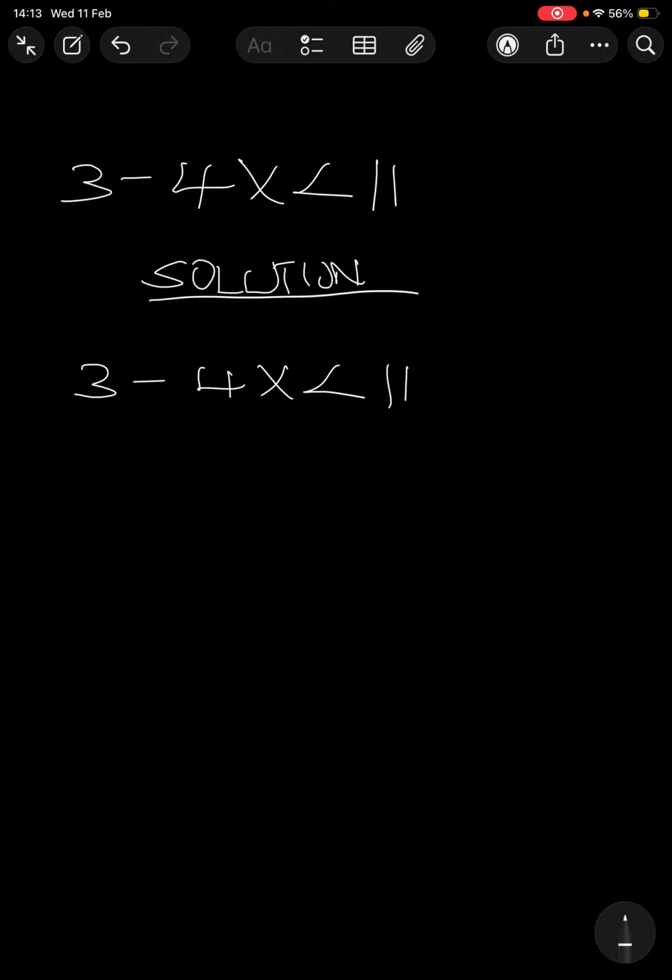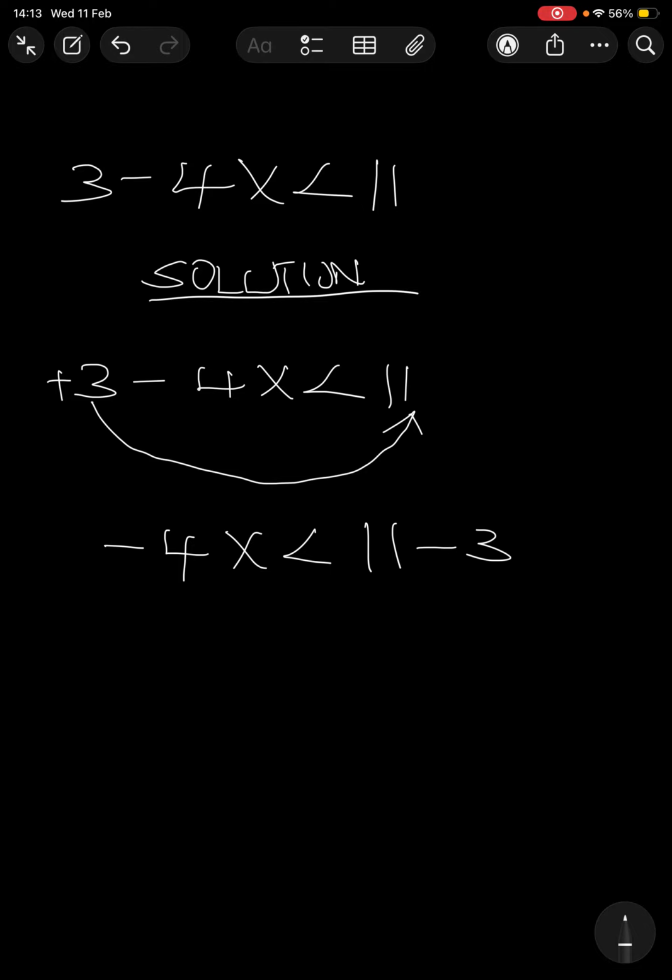As you can see, 3 has a positive sign. So if we take positive 3 to the other side, it becomes minus. So it is negative 4x less than 11 minus 3. 11 minus 3 is 8.